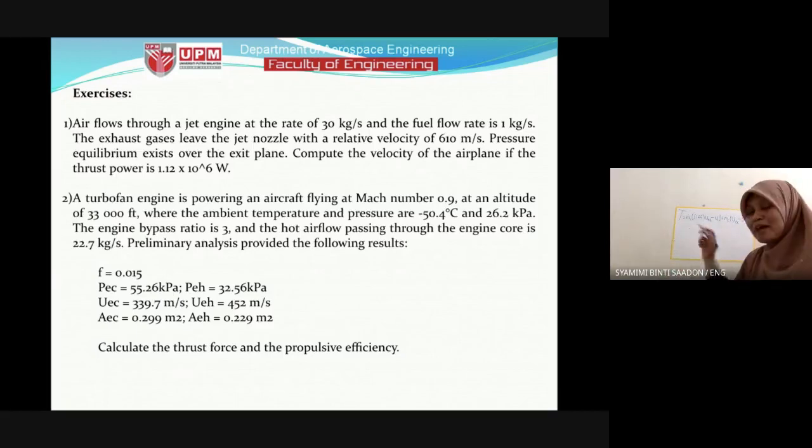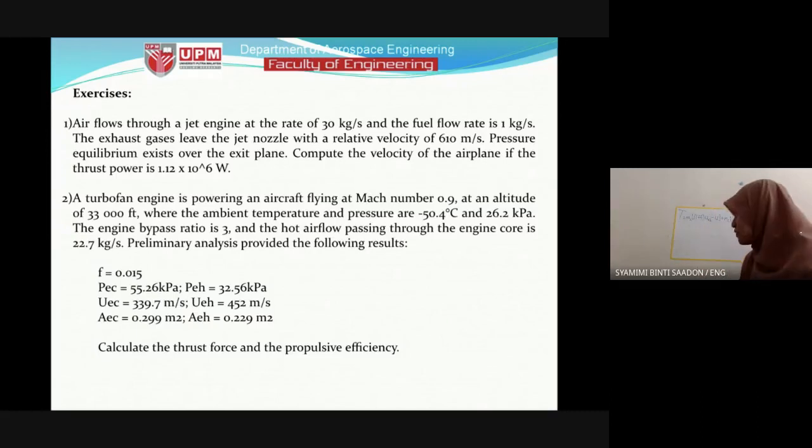So you have MH plus MF, the air mass flow that goes into the core engine plus the fuel mass flow rate that we put.